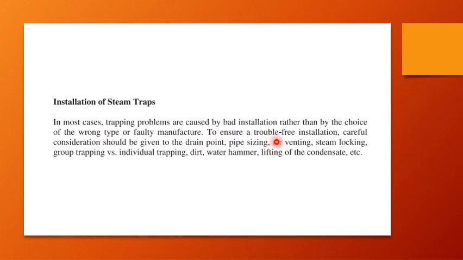You need to understand why bad installation is a concern and how it has to be tackled, friends. To ensure a trouble-free installation, careful consideration should be given to the drain point. Now these are the different points, or you can say areas, that have to be considered when you install any steam trap in any steam line, friends.